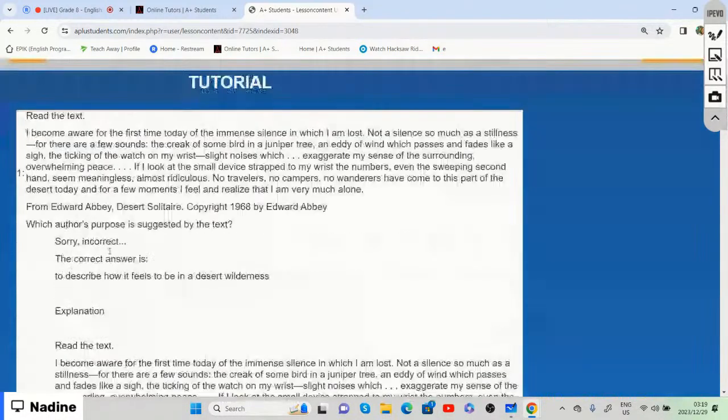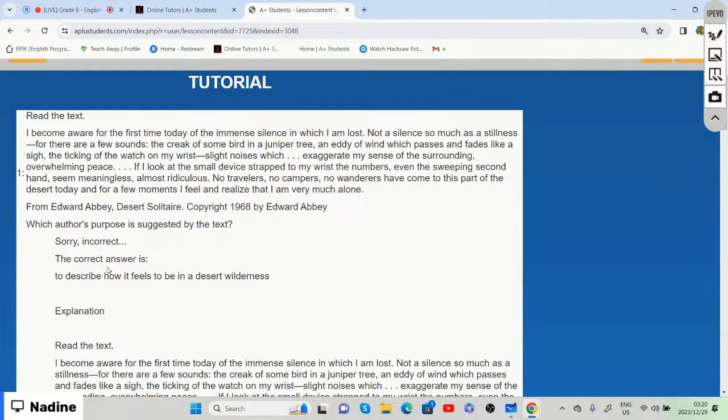It's just him describing how he feels in the desert, in the wilderness, right? And we specifically say, when I specifically mentioned the word describe, because he basically gives a whole description of literally everything that he can see, that he can feel, right?